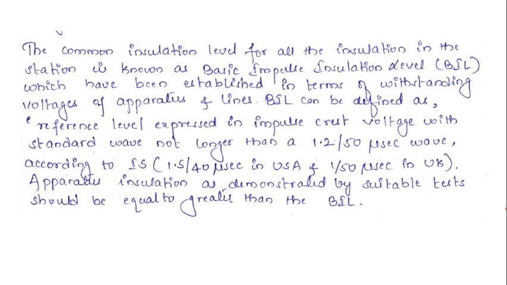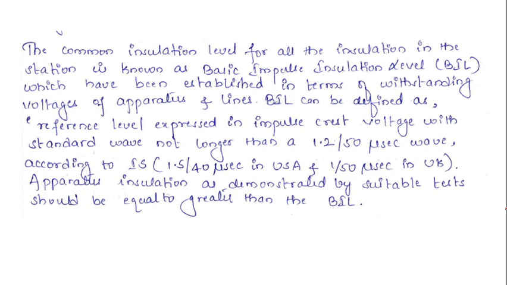With respect to the apparatus or equipment considered, or with respect to the line, we need to decide what level of insulation to provide. So there should be a common level of insulation for the apparatus as well as the line, and that is known as the basic impulse insulation level. The basic impulse insulation level can be defined as a reference level expressed in impulse crest voltage with a standard wave not longer than a 1.2 by 50 microsecond wave.